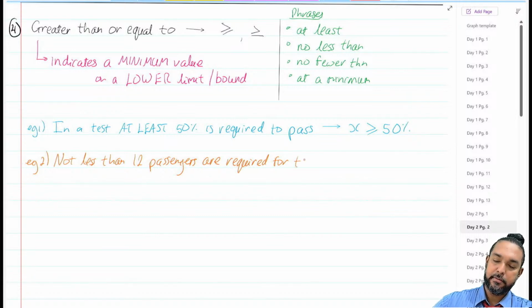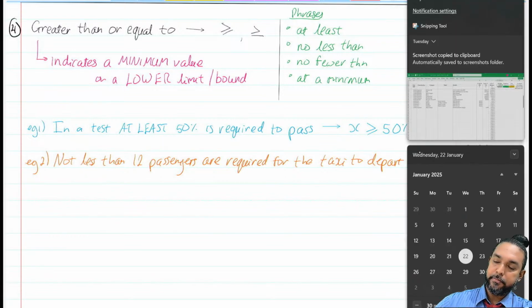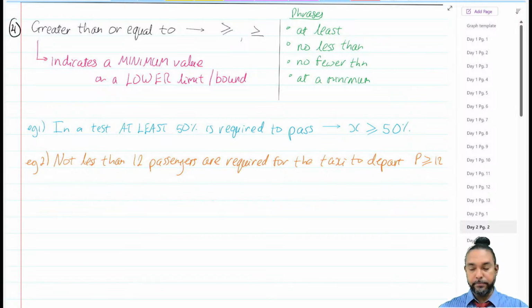So the number of passengers must be at least, or greater than or equal to, 12. So if they have 12 people, could they leave? Yeah. 13? Yeah. 14? Yeah. 15? 11? No, because it will not leave with less than 12 people. 10? No. All right?